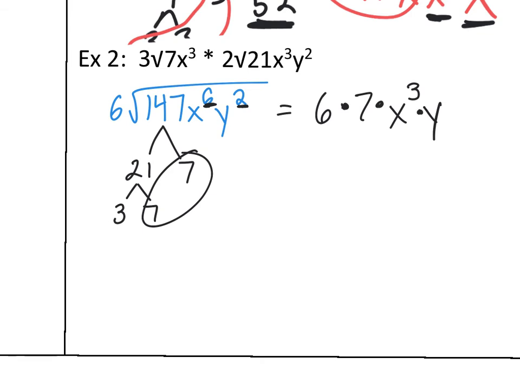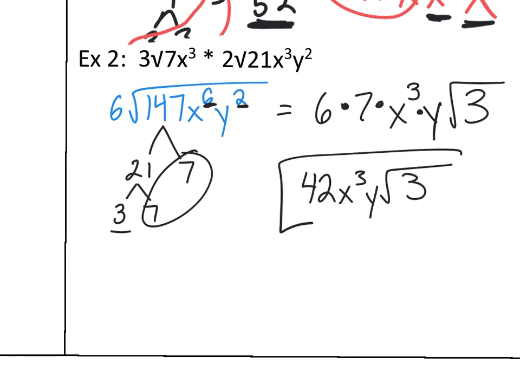Is there anything left under that radical? The 3. Yep, I didn't use the 3 yet. Six times 7 times x cubed times y. 42 x cubed y, square root of 3.